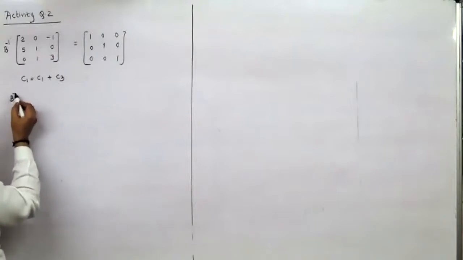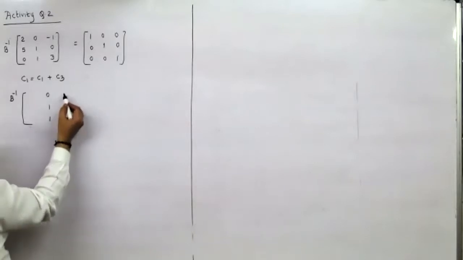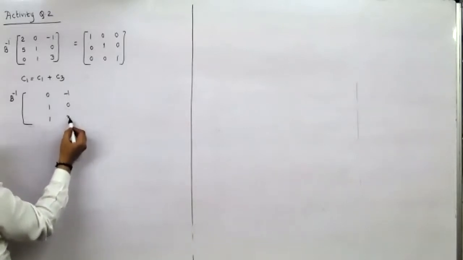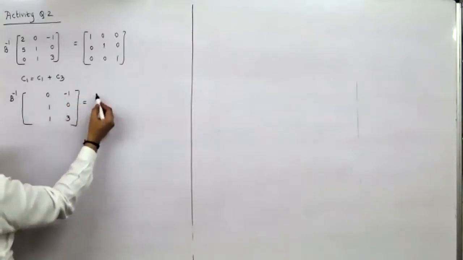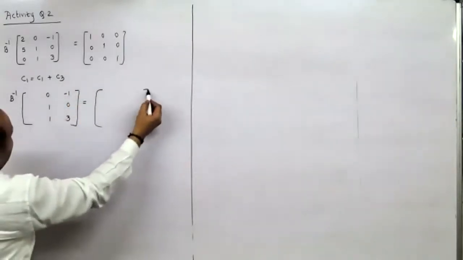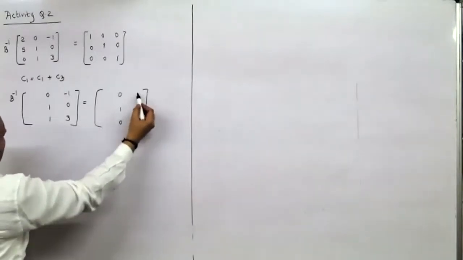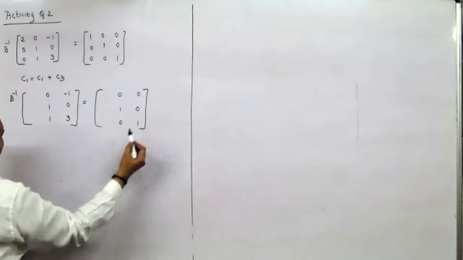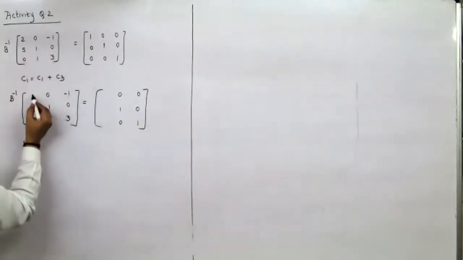Now B inverse into the second column as it is, third column as it is, is equal to 0, 1, 0. Now C1 plus C3. When I add C1 with C3, I'll get 1 here.